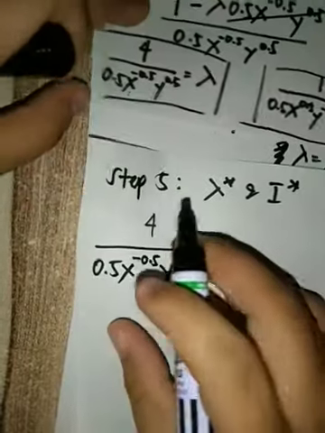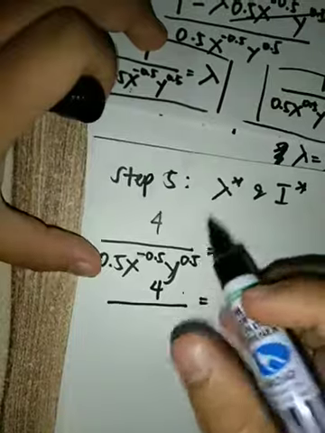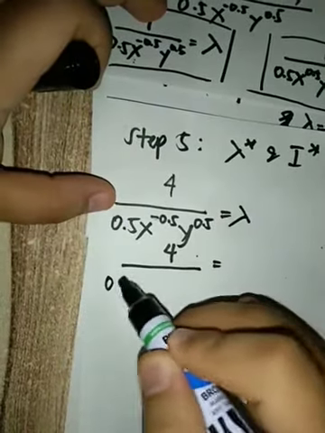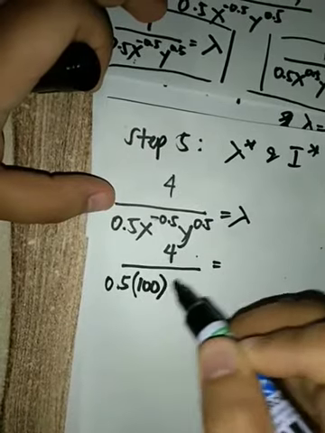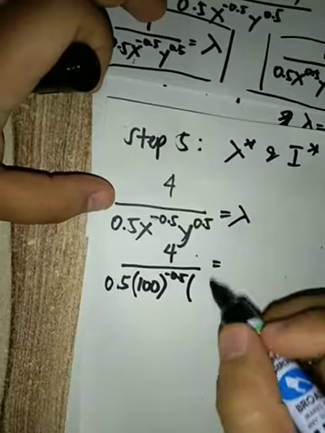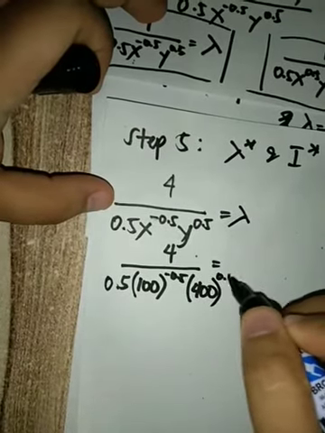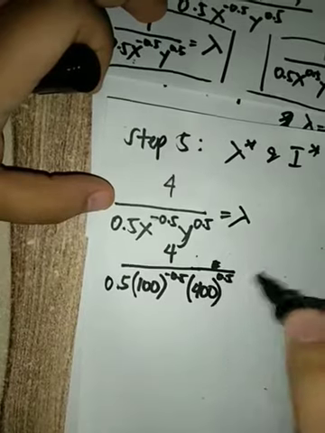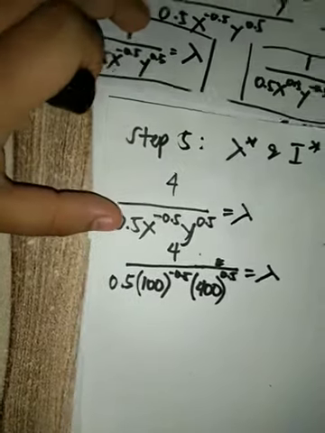So since the value of x now is 100 raised to negative 0.5, then the value of y is 400 raised to 0.5 equals to lambda. Then we're going to use the calculator.